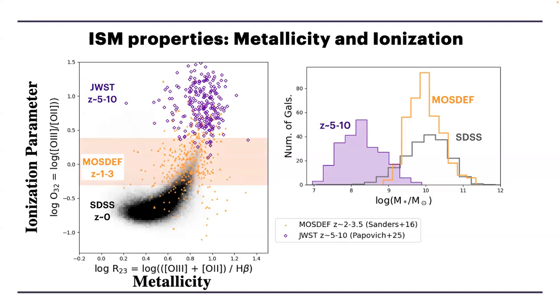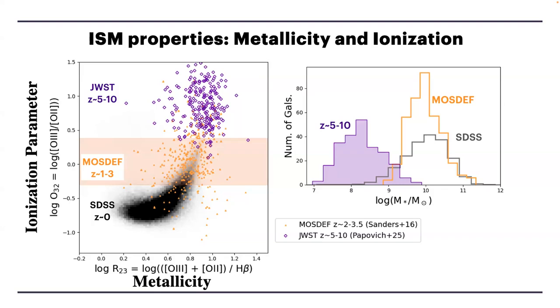And once we go to JWST, we're suddenly observing galaxies at redshift 5 to 10, and these galaxies appear in a much higher ionization and lower metallicity region.